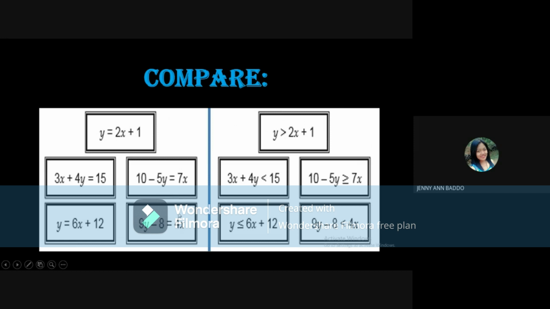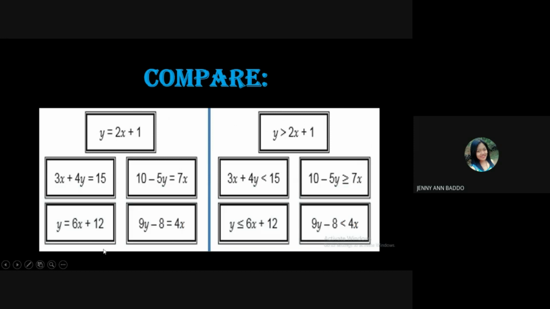Now, what do we call these mathematical expressions with equal sign? Very good. We call them linear equations in two variables. How about this one?